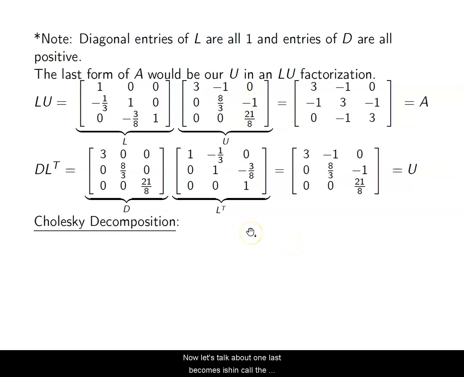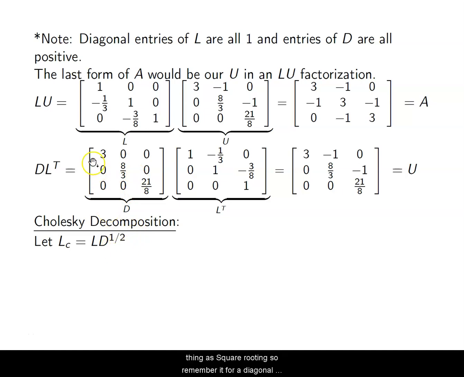Now let's talk about one last decomposition. It's called the Cholesky decomposition. And actually, in order to find this decomposition, you would need to find your LDLT decomposition first. So we call LC the lower Cholesky decomposition. This is L times your D raised to the 1/2 power.